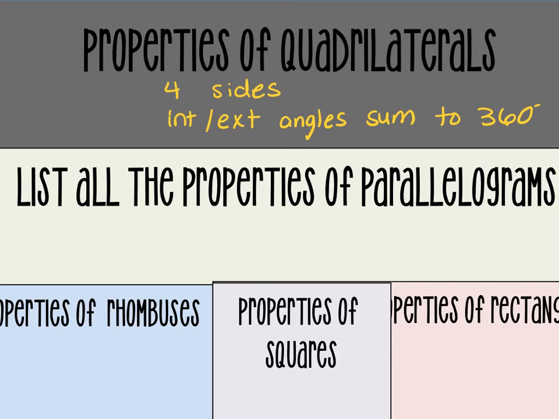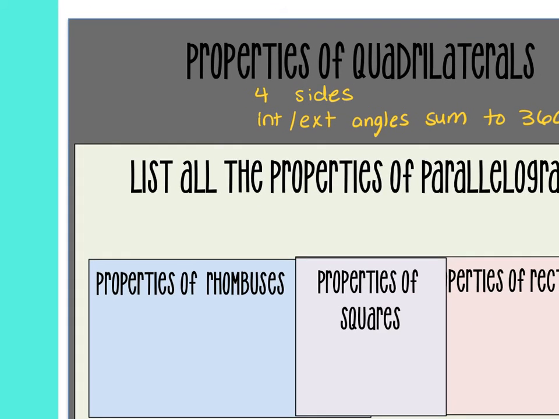Then we went more narrow and started talking about parallelograms. Parallelograms, by definition, have opposite sides that are parallel. Then we learned more sets of properties. What else about the opposite sides?